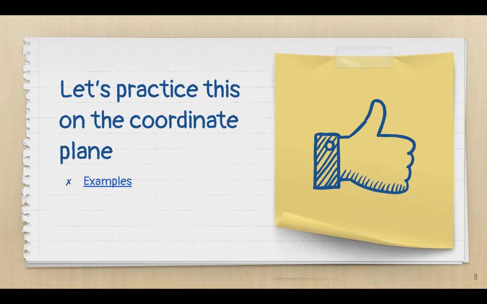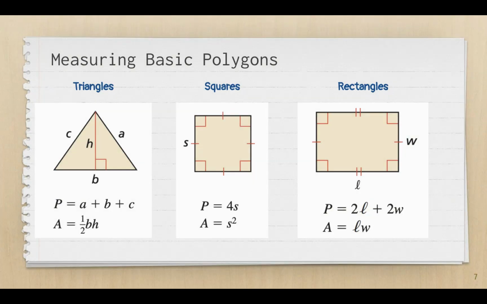But now we're going to practice this on the coordinate plane. So when we do our calculations, we're going to do them on the coordinate plane. Instead of just me telling you what L and W are, that's too basic.